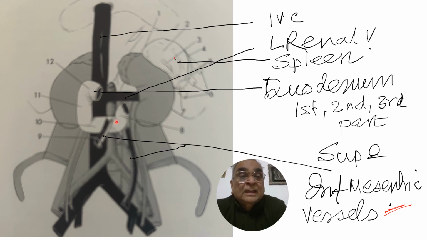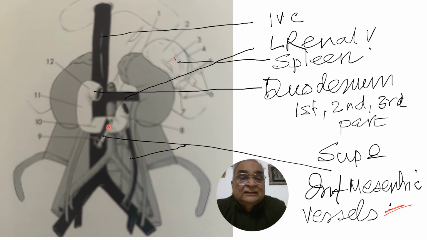The third thing is that the superior mesenteric artery and vein pass across the third part of the duodenum. Since they supply the ileum, in thin patients, if you apply a tight plaster on the abdomen, they may produce pressure on this third part of the duodenum, leading to obstruction and a lot of vomiting.